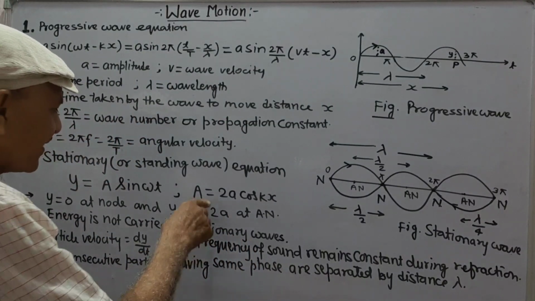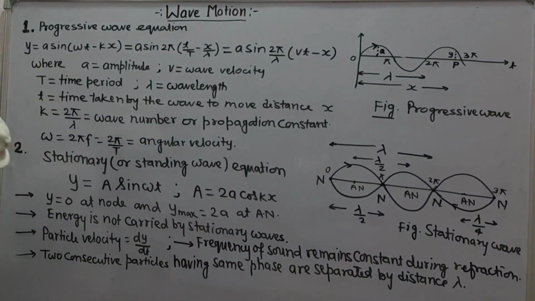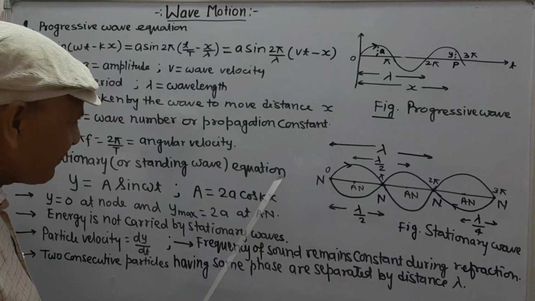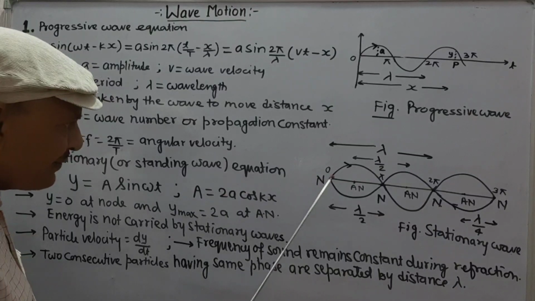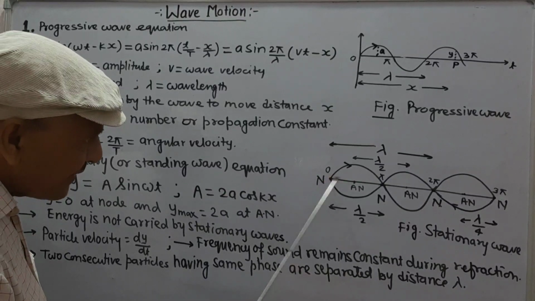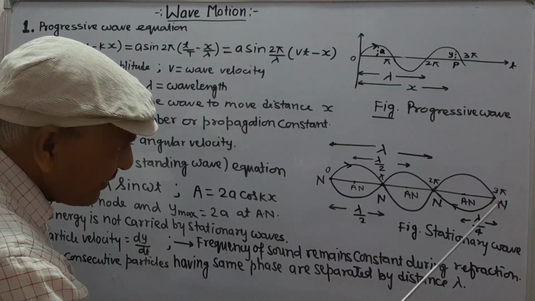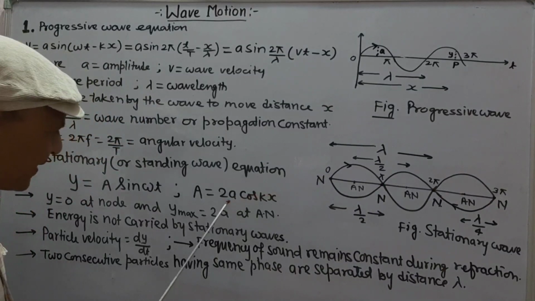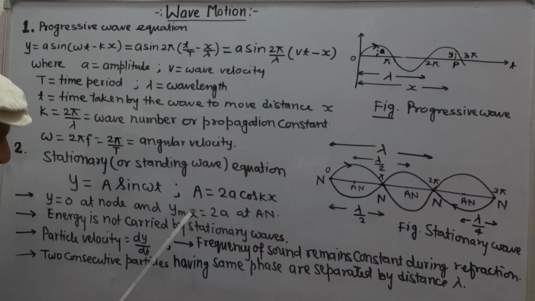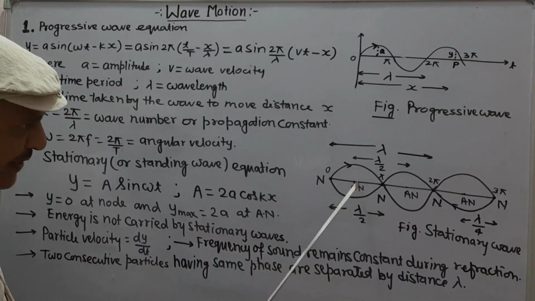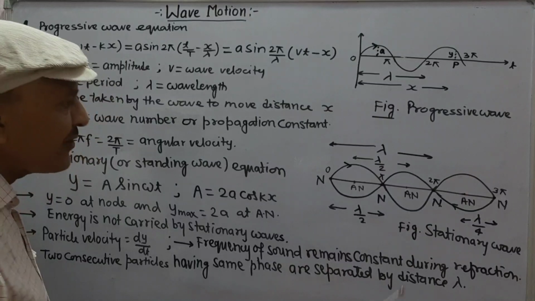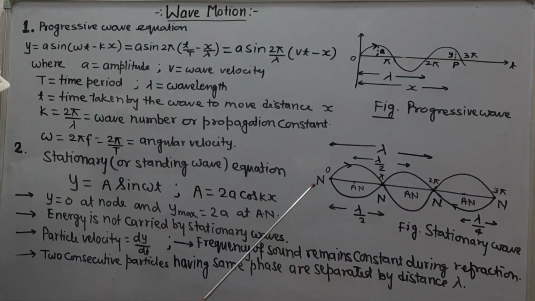From this equation, amplitude A will be 0 at these points, which are known as nodes, denoted by capital N, and A will be maximum, equal to 2a, at these points, which are known as antinodes.